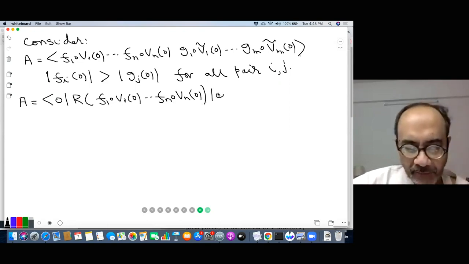Now I'm going to insert a complete set of base states.